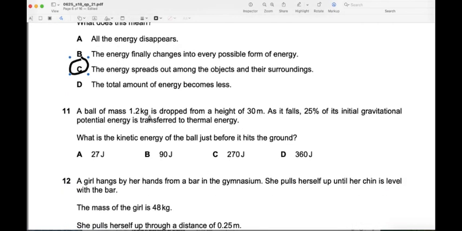A ball of mass 1.2 kg, always we put the parameters out. m equals 1.2 kg. A ball of mass 1.2 kg is dropped from a height h.